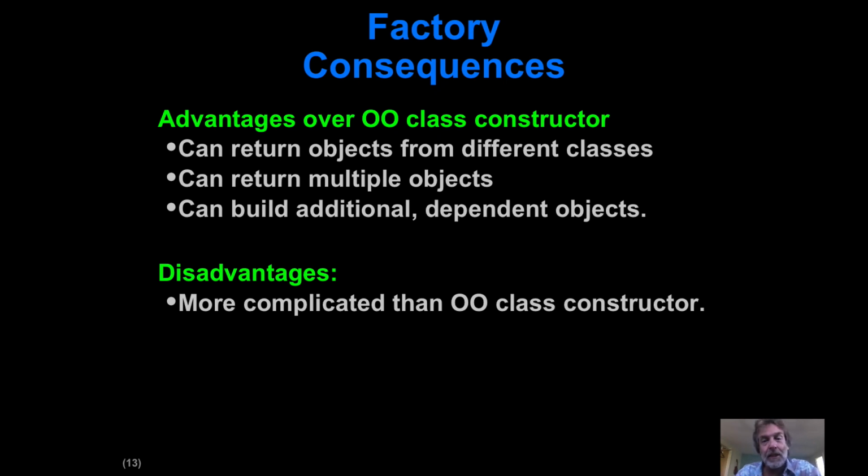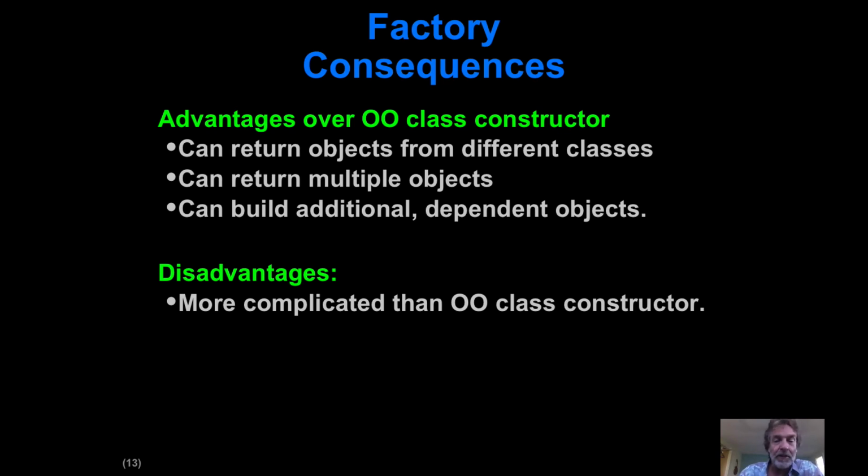The nice thing about a factory class over the standard mechanism for object creation is that you can return objects of multiple classes. You could even return a collection of objects. A factory can do anything it wants. Maybe it returns an array of 10 objects as a result of calling the build or make method.